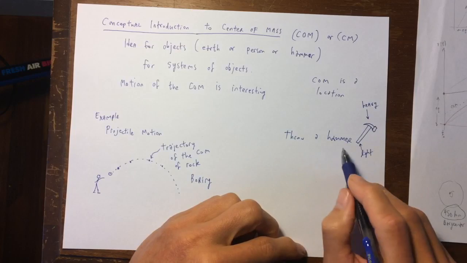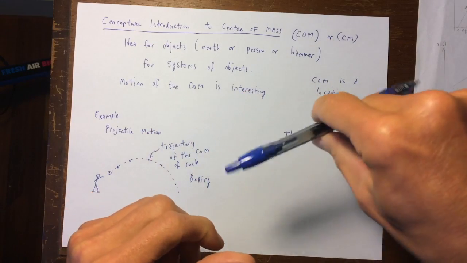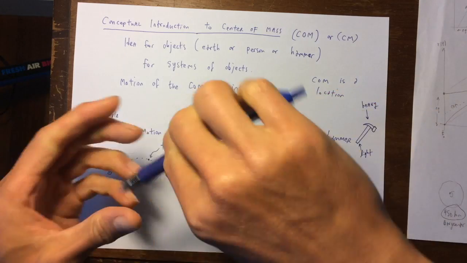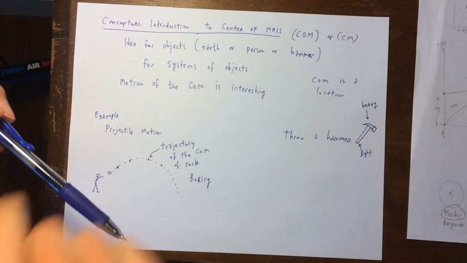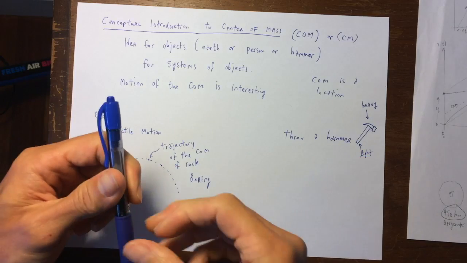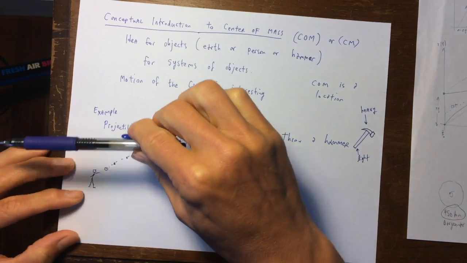So when you throw this hammer, what's interesting is it's going to rotate. If you throw it sort of willy-nilly, it'll rotate. You can cause it to rotate this way, or this way. And the truth is it doesn't even need to rotate. It could just go like this, or like this.